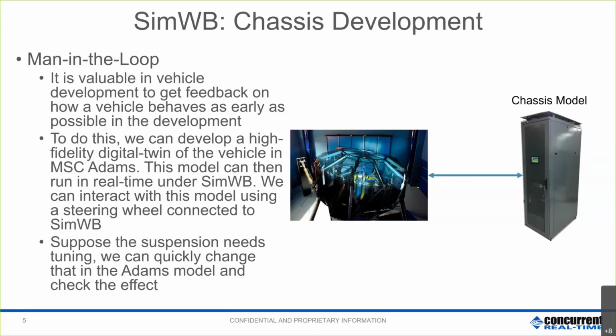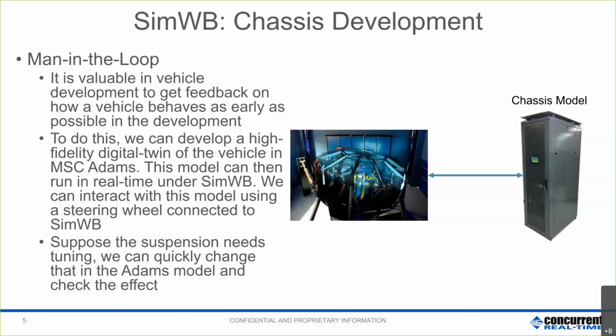So in a man-in-the-loop kind of simulation, what do you do? You create a digital twin of your model, you run it in real time under Simulation Workbench, and you provide the input to this model through maybe a steering wheel, maybe a pedal, things like that. You can connect it to the model and see how your model responds.